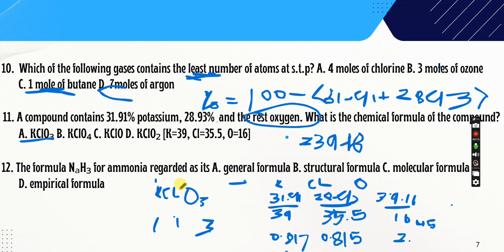This is not like a hydrocarbon that has a general family formula, and it's not the structural formula. It is the molecular formula because that's the actual number relationship between the atoms that are present in ammonia. Ammonia has just a nitrogen for every 3 hydrogens that it possesses.